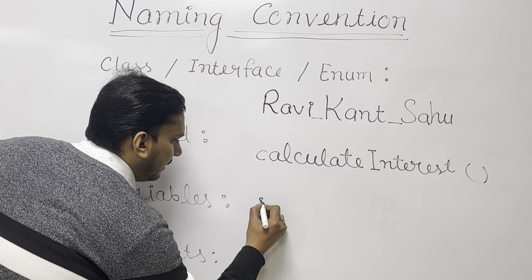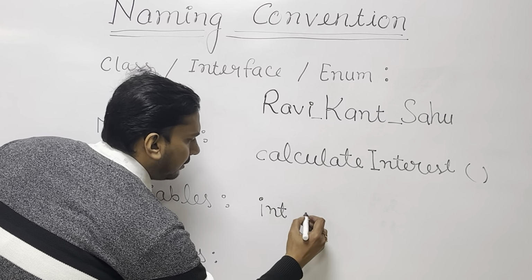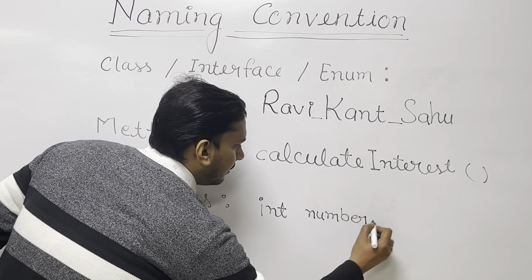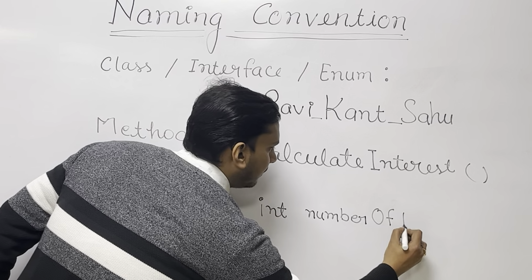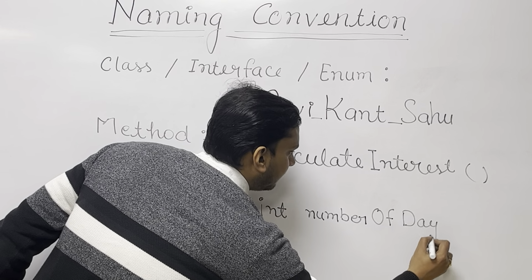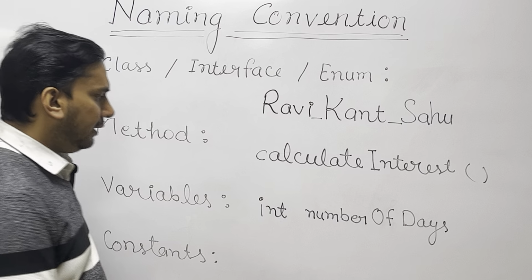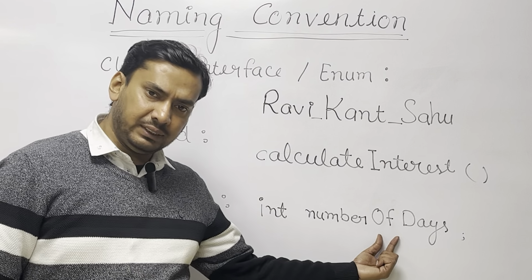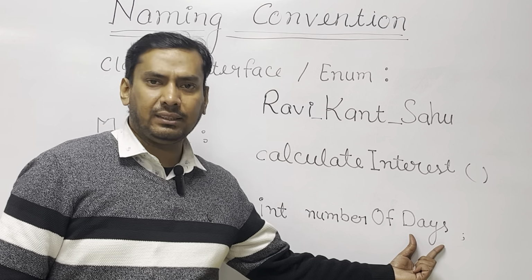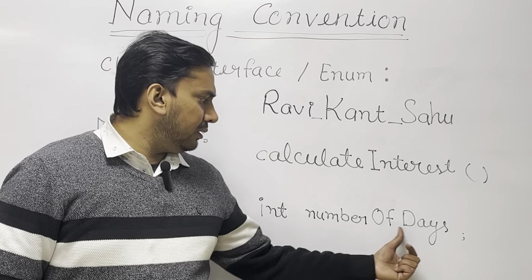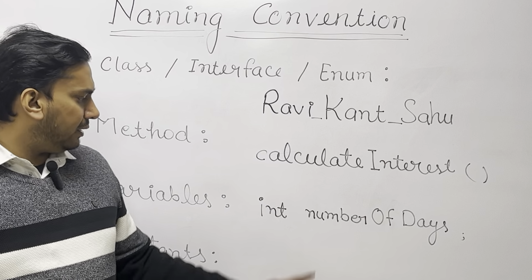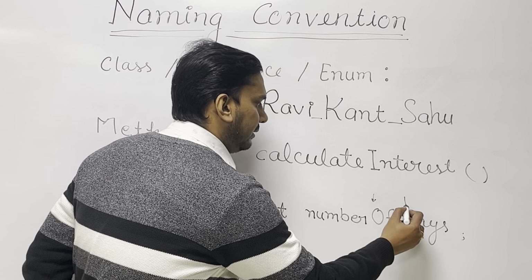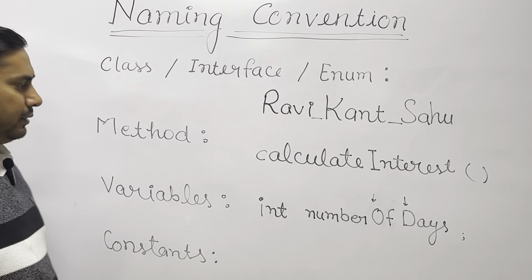Let us say I am creating int numberOfDays. Here, number is the first word, so n is in lower case, then of is the second word and days is the third word, with their first characters capital, right. In numberOfDays, this O is capital, this D is capital.